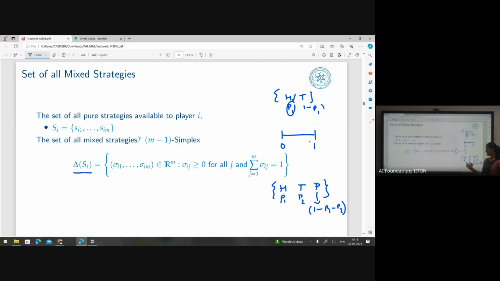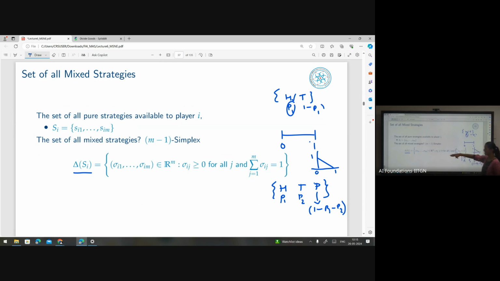So it has to pick values p1 and p2 from a two-dimensional simplex, wherein p1 and p2 both lie between 0 and 1. It can pick values from any part of this, and the third is automatically determined. So this is a two-dimensional simplex. Similarly, if it has m strategies, it will be an m minus one dimensional simplex from which it can pick a particular mixed strategy.